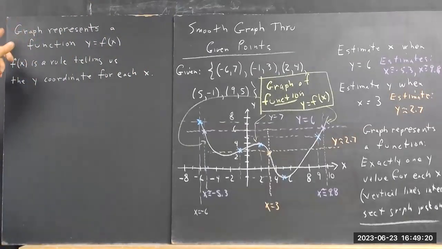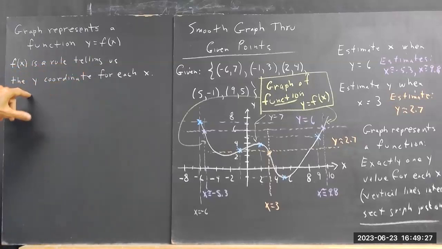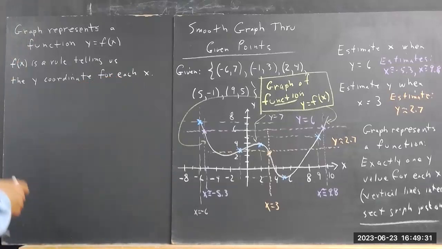Well, here we've got again a statement. The graph represents a function y equals f of x, and f of x is a rule telling us the y coordinate for each x. And what's the rule for this function?